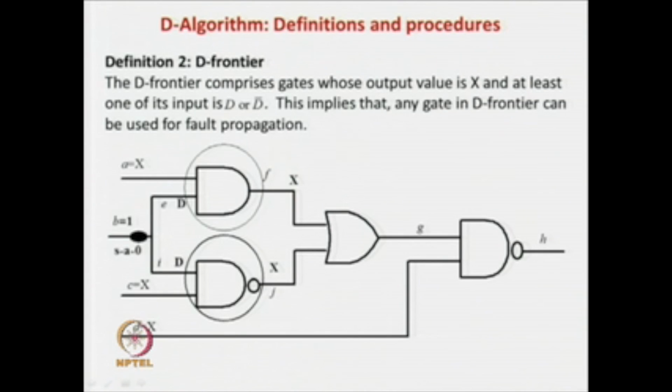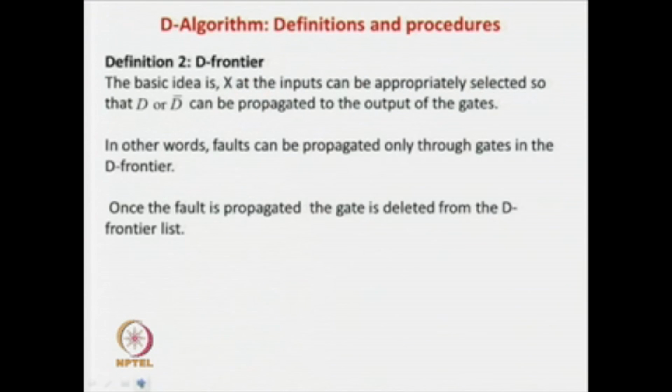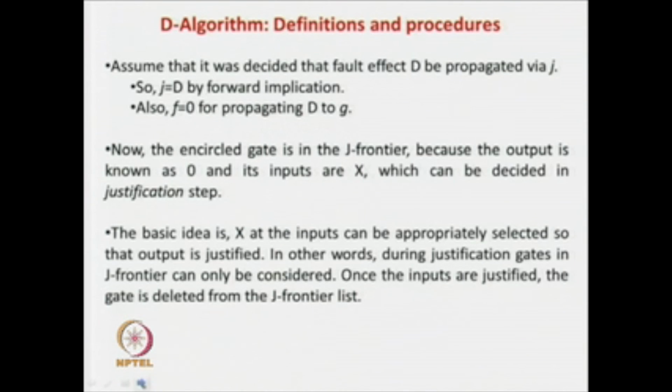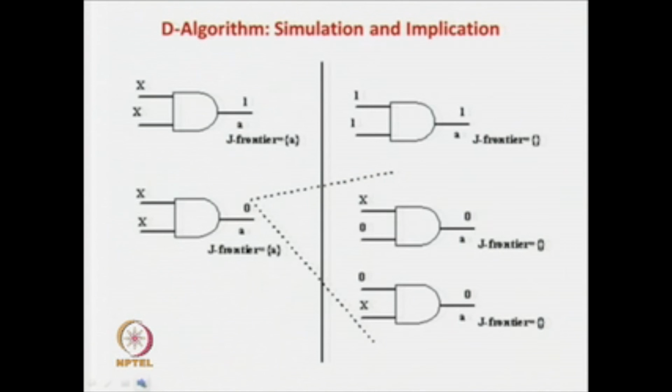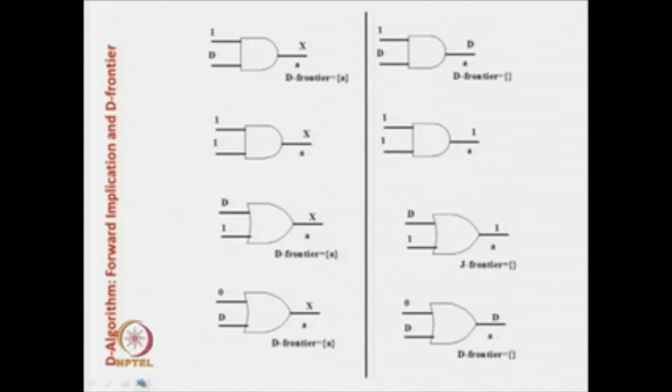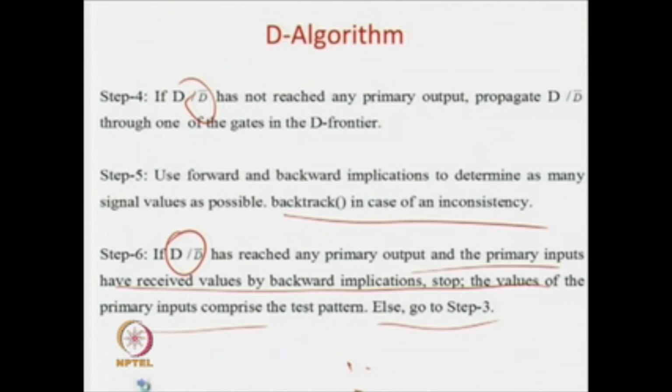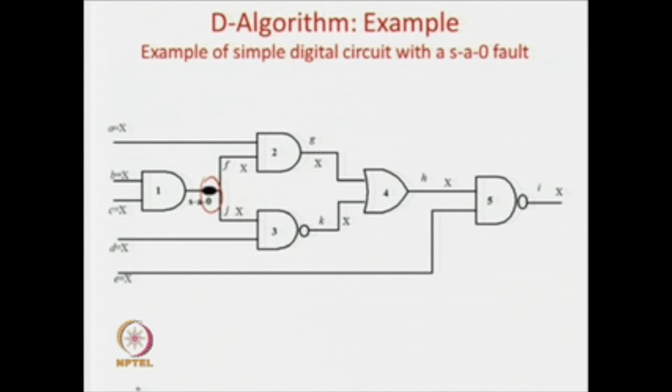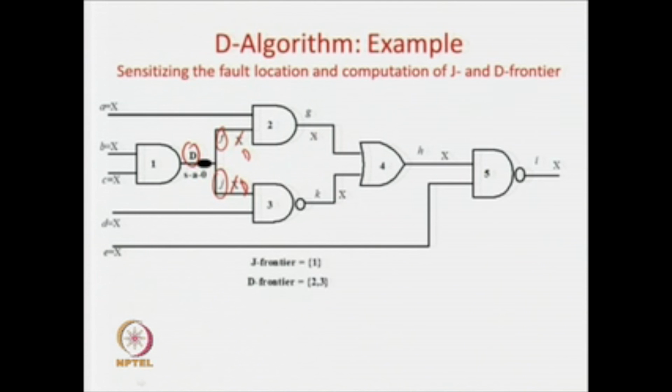The D frontier comprises gates whose output is X and at least one of whose inputs is D or D prime. By this definition, the output is X and one of its inputs is D, so obviously these two gates will be part of the D frontier. So we write that gates 2 and 3 are in the D frontier.